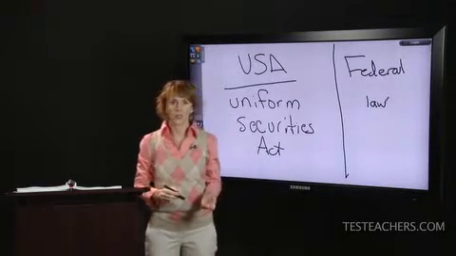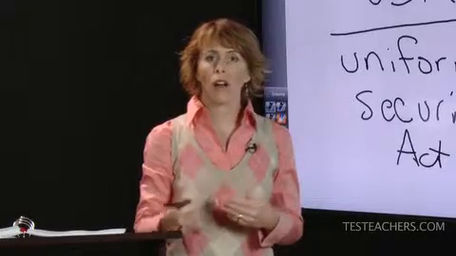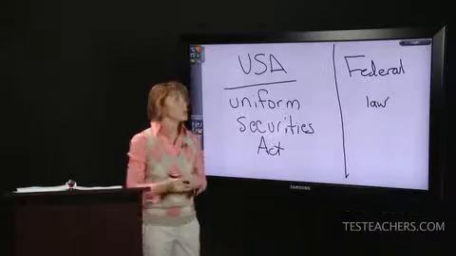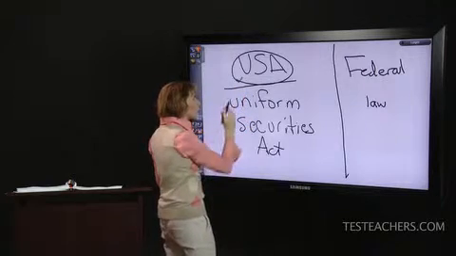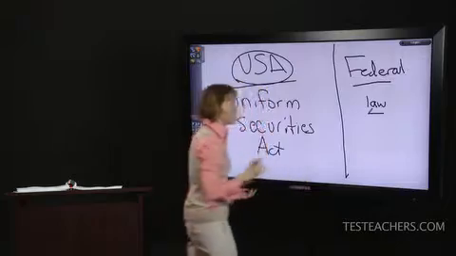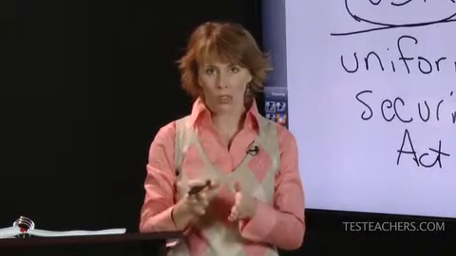Sometimes it's different. These first 5 sections of our law portion of the course are going to pertain to the Uniform Securities Act. So we'll get to federal law. It has its own section. It's the last section of the course within the law portion.